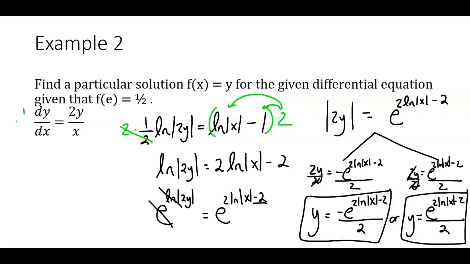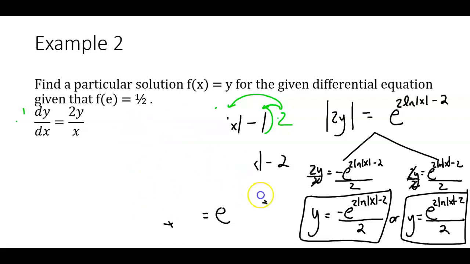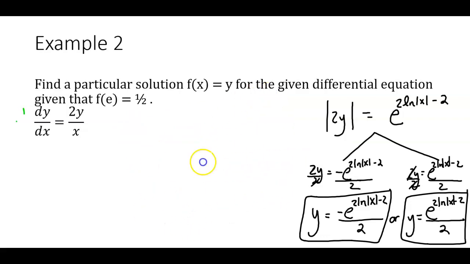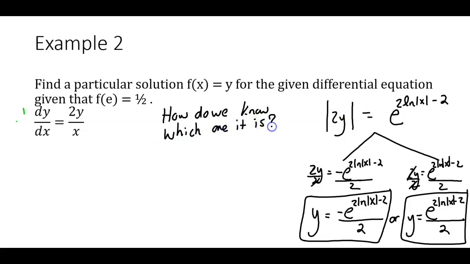Is it the one with the negative e, or is it the one with the positive e? So let's write that down as a question. How do we know which solution it is? Is it that one? Or is it that one?